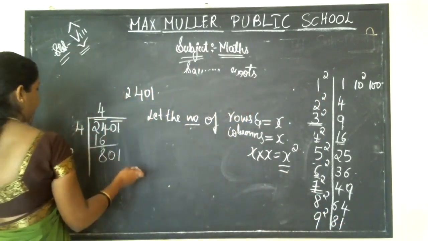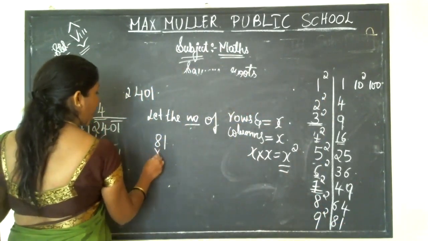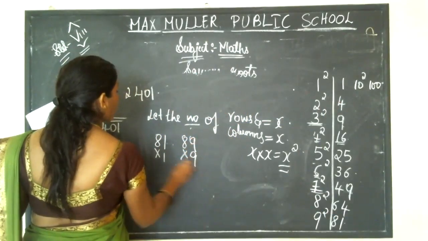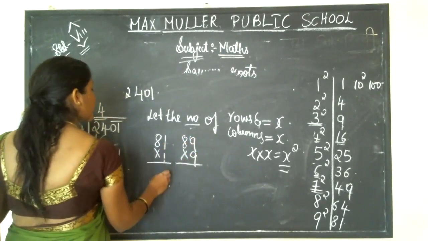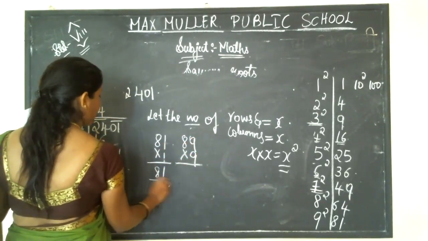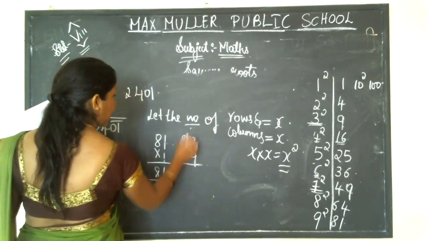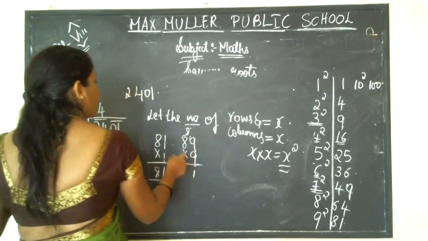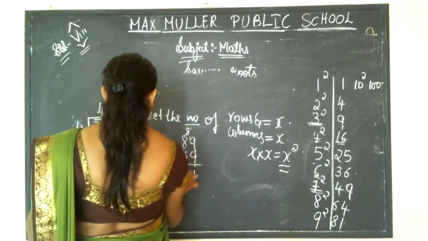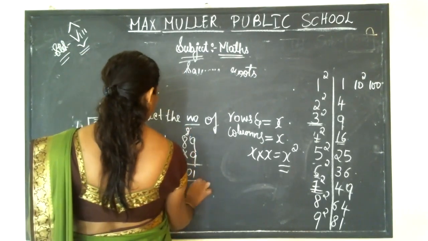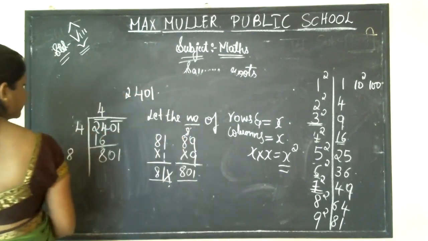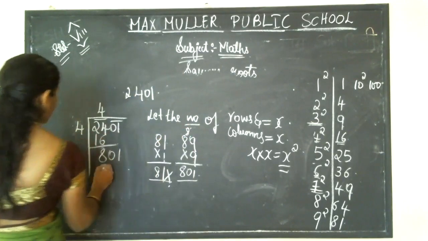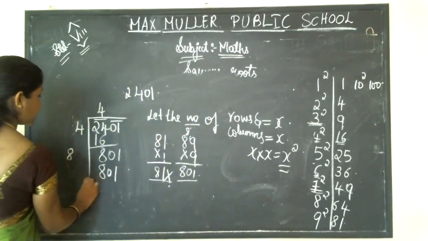It should be 81 into 1, or else 89 into 9. 1 1s are 1, 1 8s are 8, no, this cannot be. 9 9s are 81. 9 8s are 72, plus 8 is 80, so it is 801.